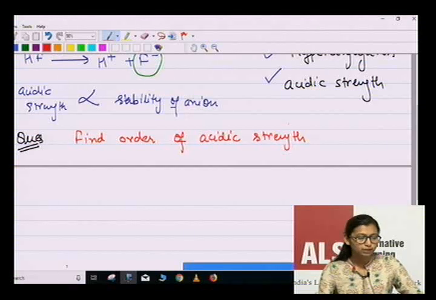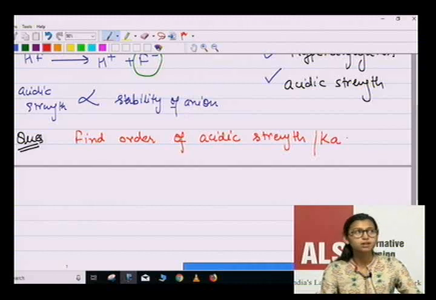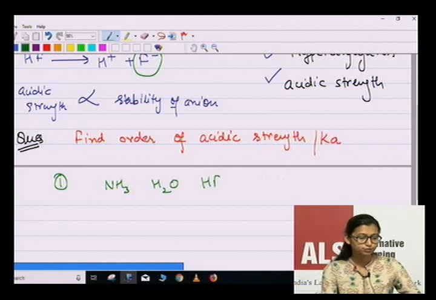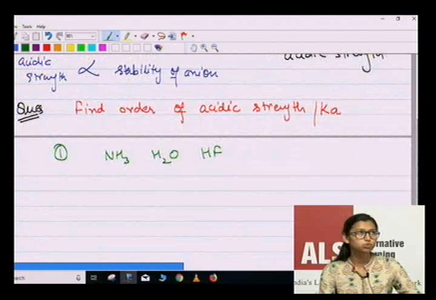So you have to find the order of acidic strength, or you can write the Ka. It's the equilibrium constant we have already discussed. So I'm writing the first question here. Let's take the simple examples: NH3, H2O, HF. I'm just writing so that CC4 will also get to know, okay?